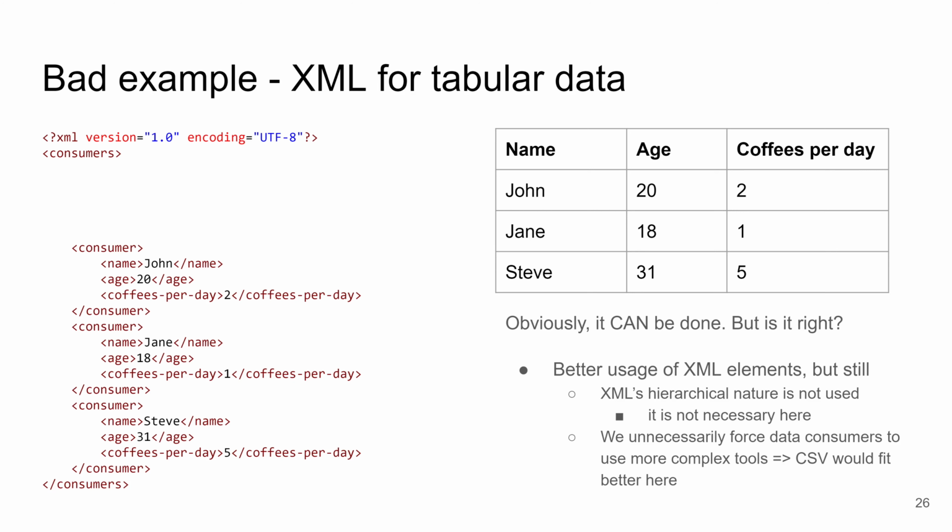It doesn't use XML's hierarchical nature, and what you did here is that you forced the consumers of your data to use much stronger and much more complex tools to process the data than necessary. Because processing a simple CSV file with 3 columns is much easier than actually parsing an XML document.